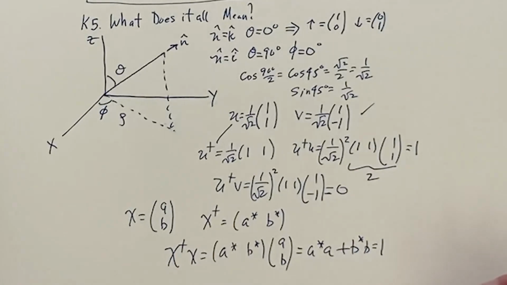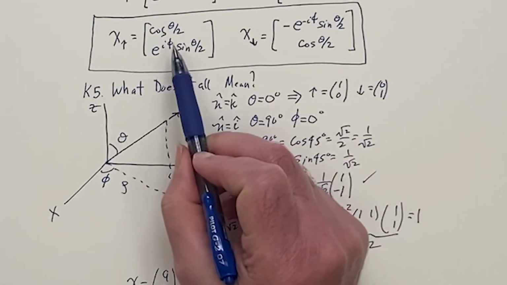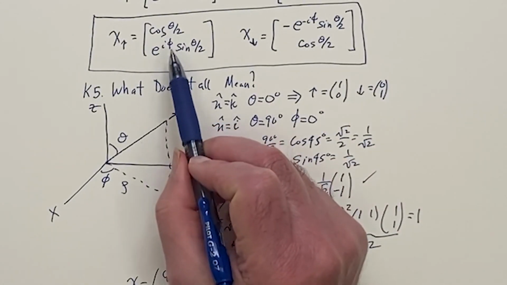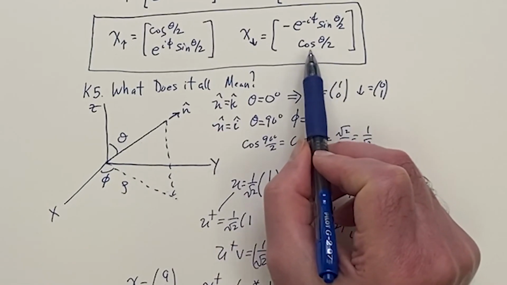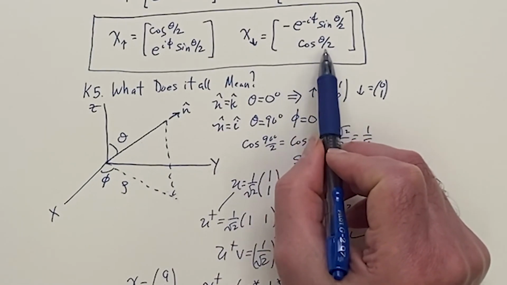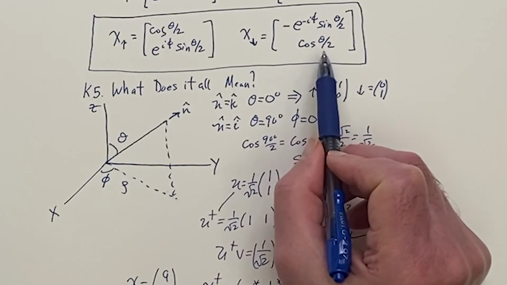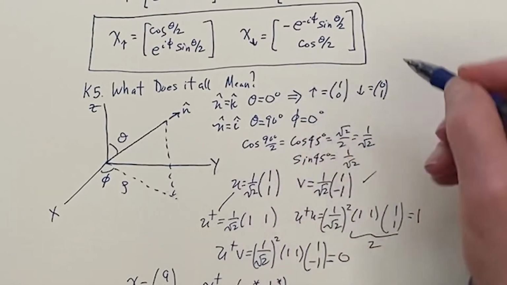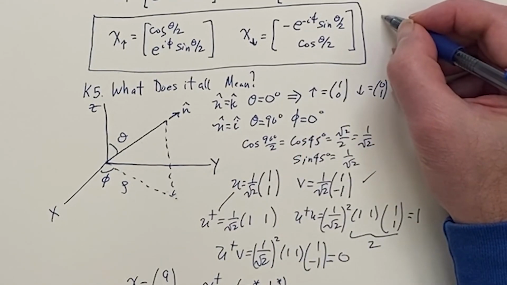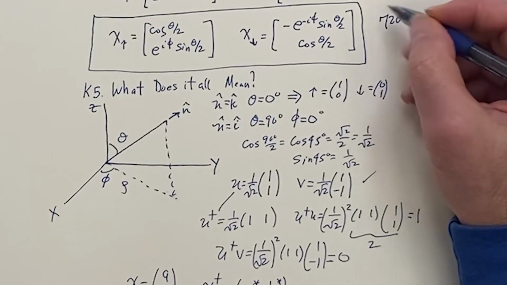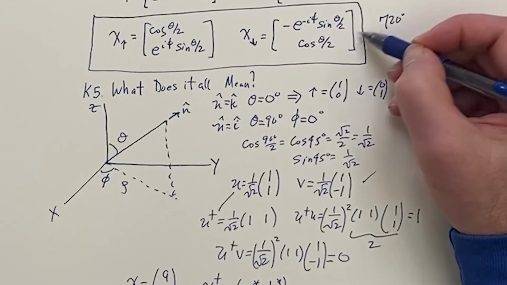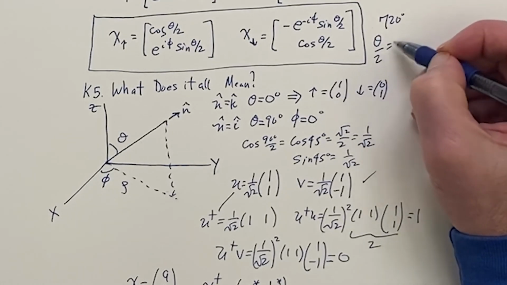Now for a Feynman observation. If you go 360 degrees on this thing, then when you take 360 divided by 2, you get cosine of 180, which gives a minus sign. You don't get the same thing back. If you do 720, you actually get the same thing back, because theta over 2 would be 360.